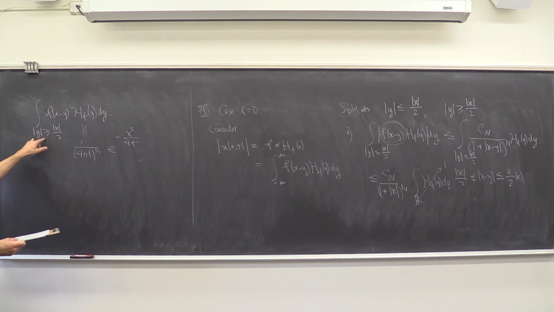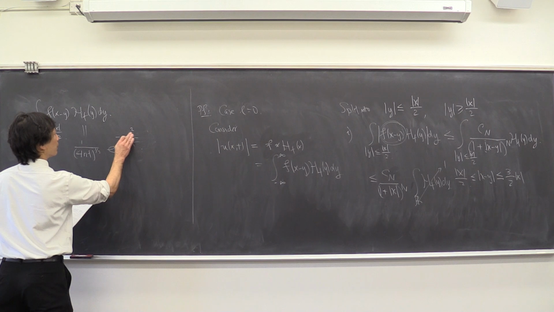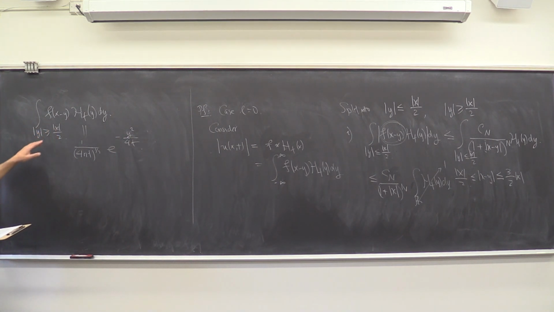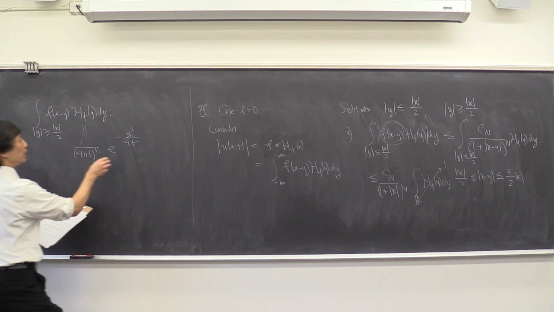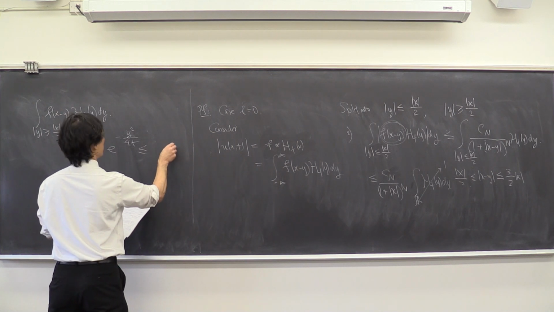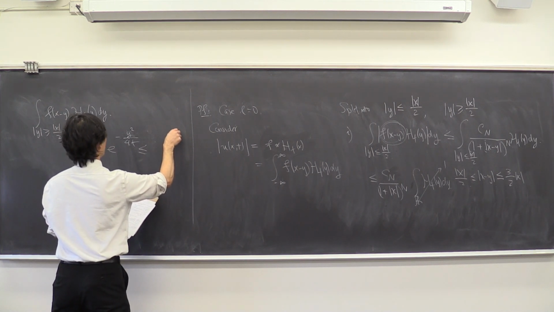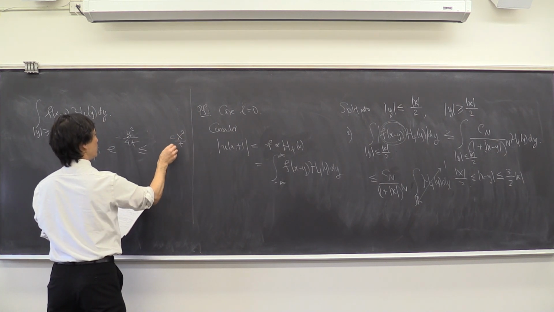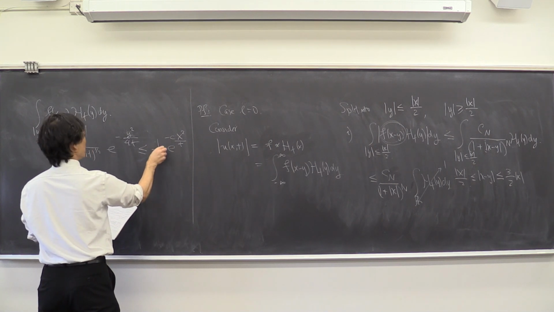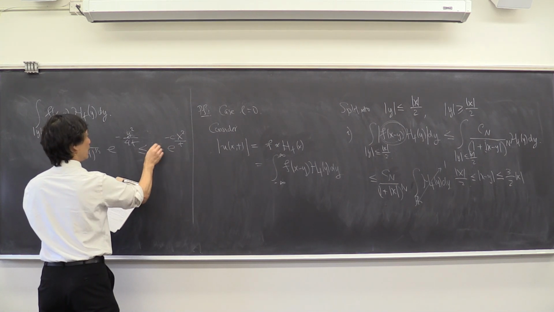Okay, and then you say, well, look, sorry, that should be a y. So all of the y's are bigger than x over 2. So we know that this thing is bounded by e to the negative x squared over t, basically, times a constant.